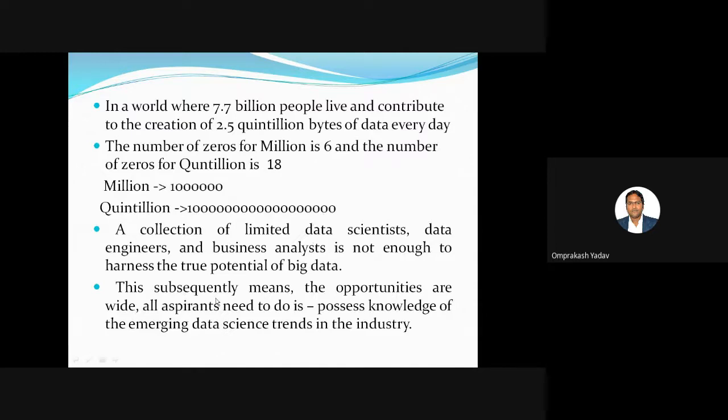This means the opportunities are wide. All aspirants need to acquire knowledge of the emerging data science trends in the industry. There is a huge requirement for this particular post, because lots of data is being generated and there is a scarcity of data analysts and business analysts. So there is a huge scope.